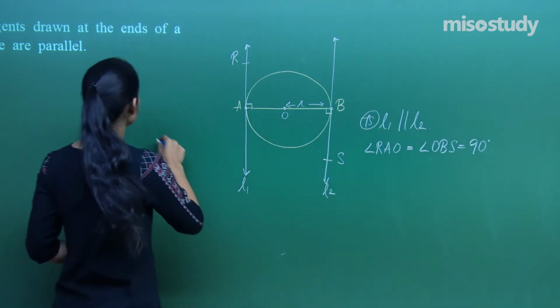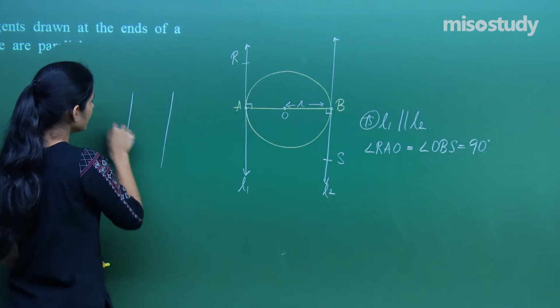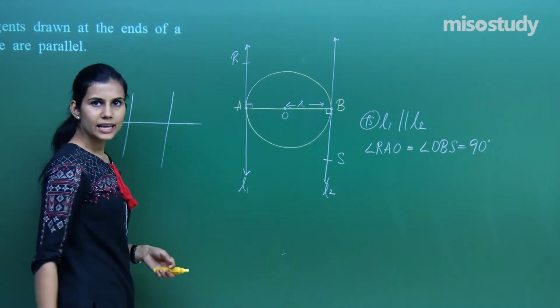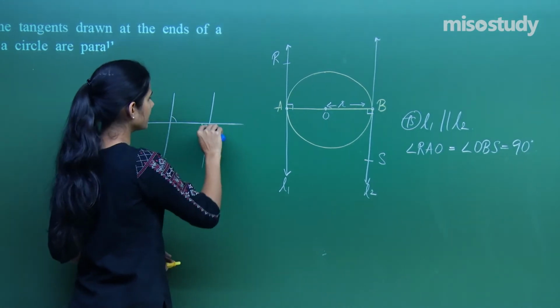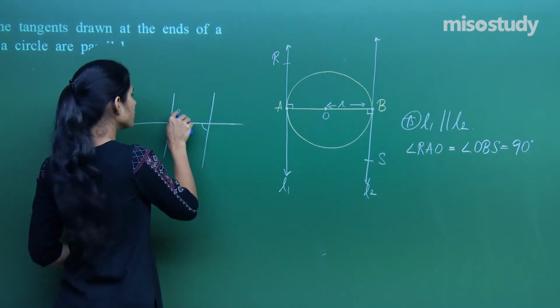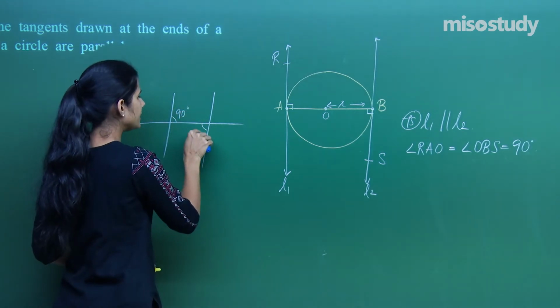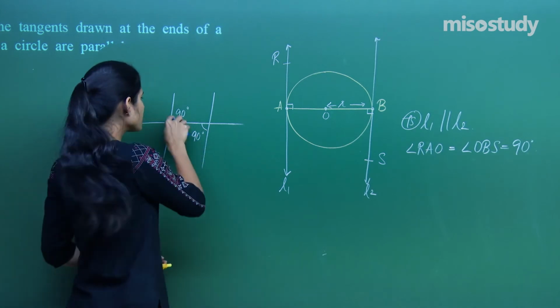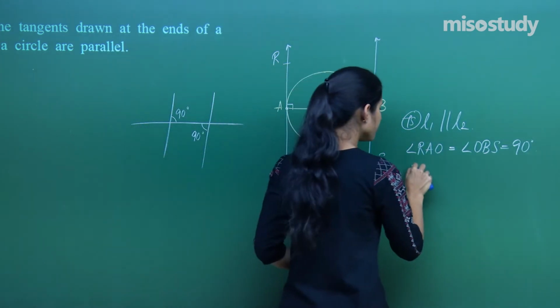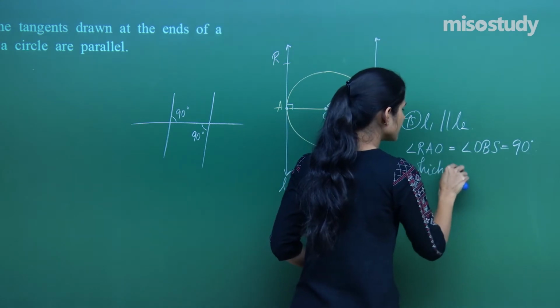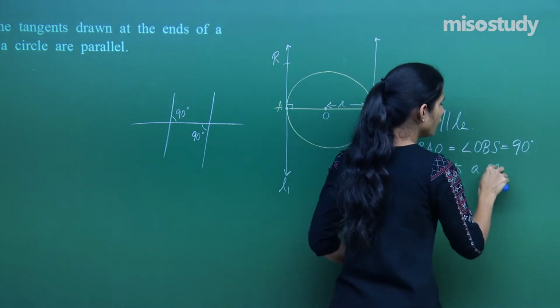Because the situation is like this: there are 2 lines and this is like a transversal. This angle is equal to this angle. This is also 90 degrees, this is also 90 degrees. So this is a pair of alternate interior angles that are equal.